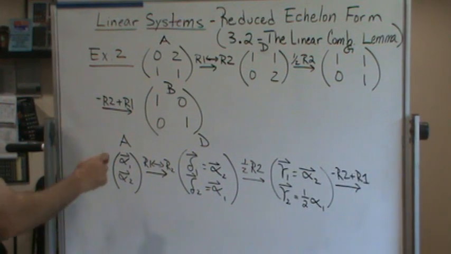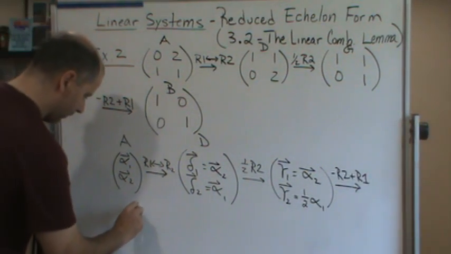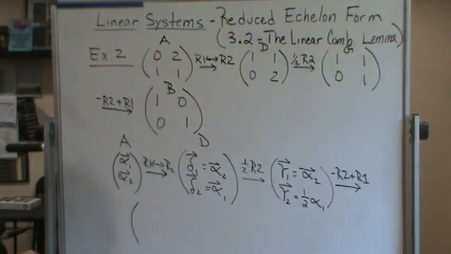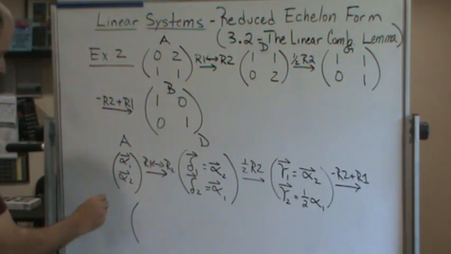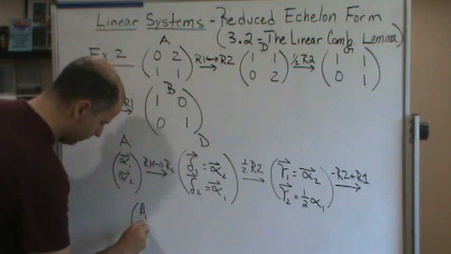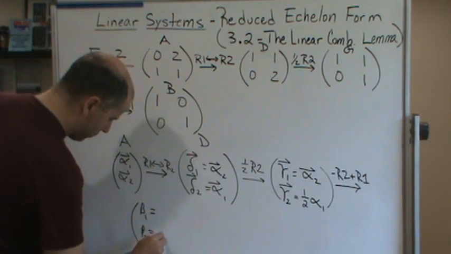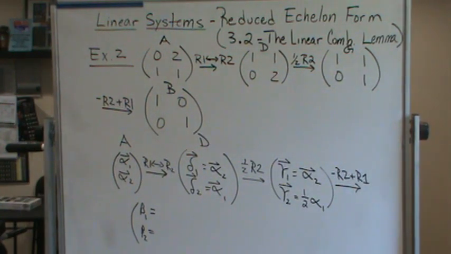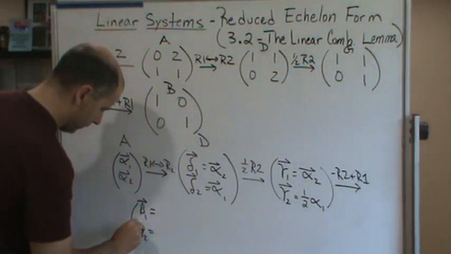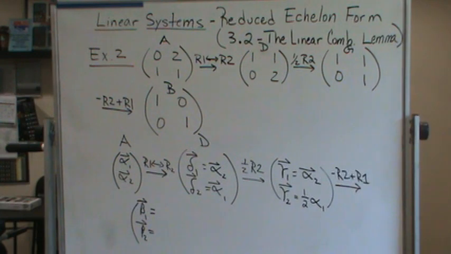Since we're dealing with B, we're going to use beta. What happens to our rows now? We're going to do beta 1 and beta 2. And how are those related to the rows of alpha, again, vectors?